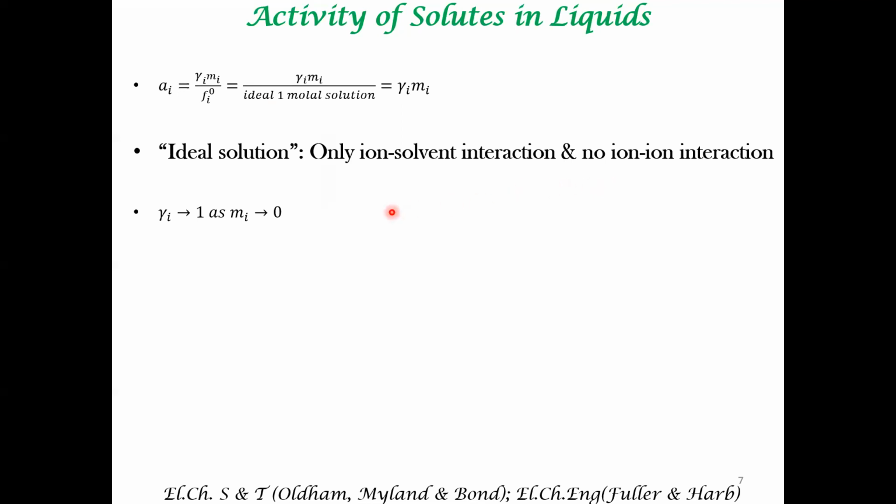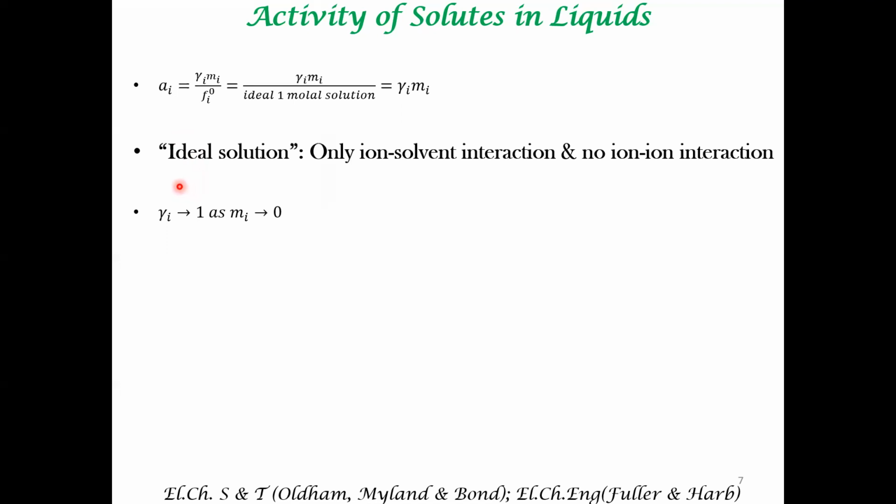In that case, ai will be the same as Mi. Activity coefficient is 1. That is, if you plot the concentration against the activity, there will be a linear line at low concentration. So we know one limit.